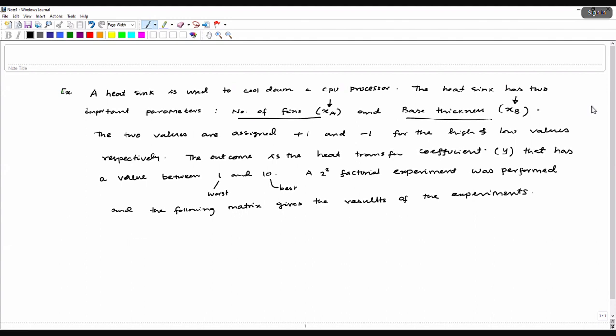So you have XA parameter in this direction, XB in this direction. So XA can have +1, -1. Similarly, XB can have +1 and -1.